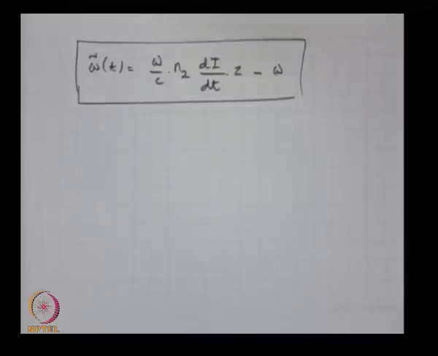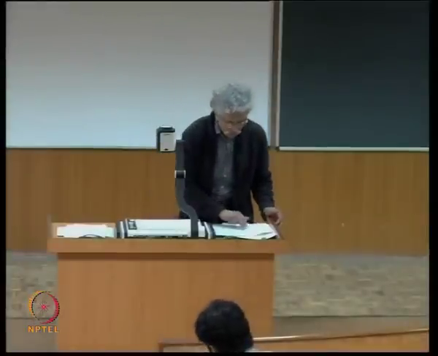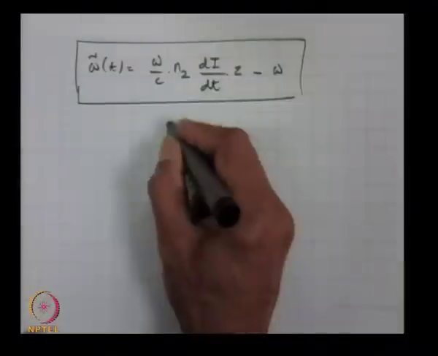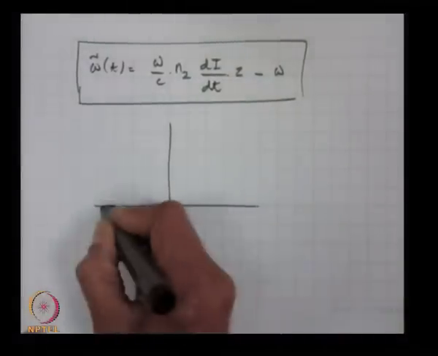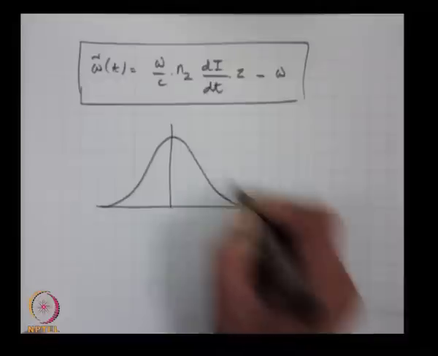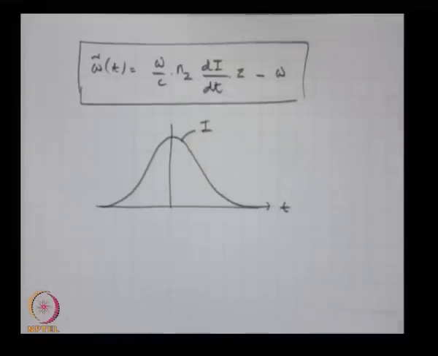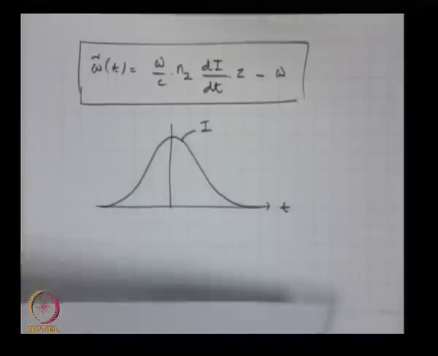What is omega? Omega is the frequency of the input pulse, that's the center frequency. The input pulse has exponential minus I omega t. So let me plot. For example, if I had a pulse like this, this is I as a function of time. I must define it with a negative sign because I'm defining exponential minus I omega t.